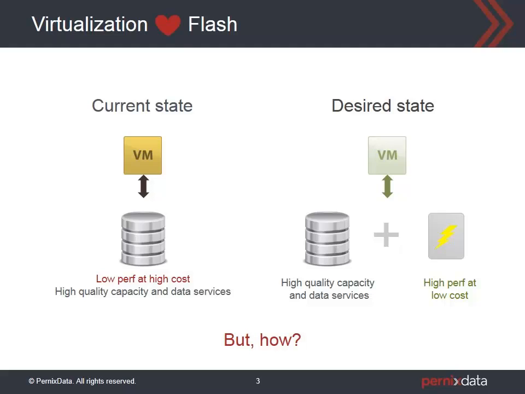It's either in the array or it's in the server. Each of those locations has its own challenges. If you place flash in an array, you're going to put a low latency device behind a relatively high latency network, and it's shared as well. So usually that destroys the whole benefit of having a flash device.